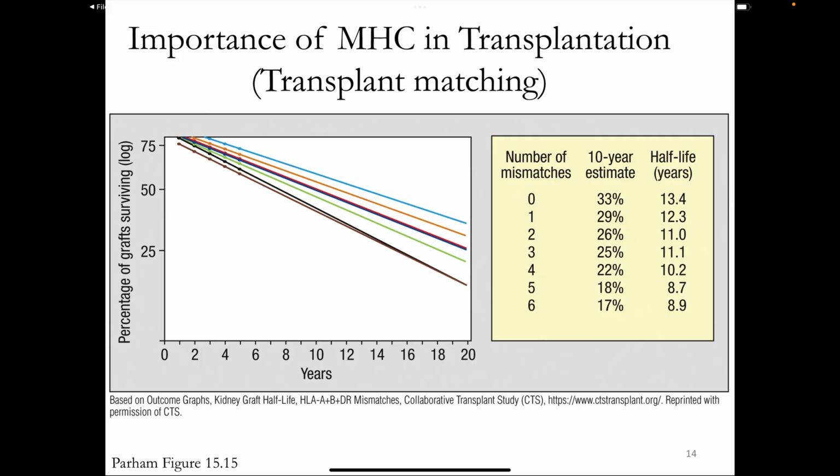And so you can see that if we have 0 mismatches, then things work out the best. The transplant has a half-life of usually about 13.4 years. We've got this 10-year estimate. Whereas if we have 6 MHC class 1 mismatches, we've got a lot bigger problems. So part of what we do, Jazz, is we try to minimize the mismatches as much as possible.